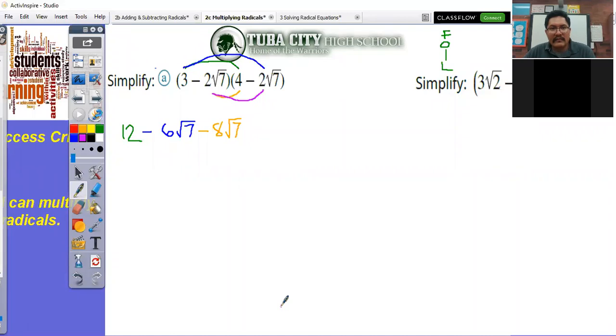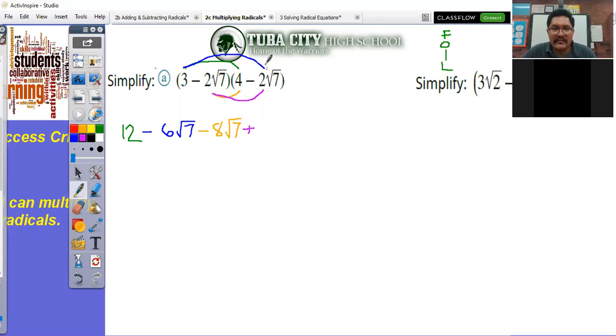All right, and now we have our last number. So L in FOIL is for last. So that means the last number in each group. Now in this case here, I have negative times negative. So since I have a negative times negative, that's going to turn into a positive term.